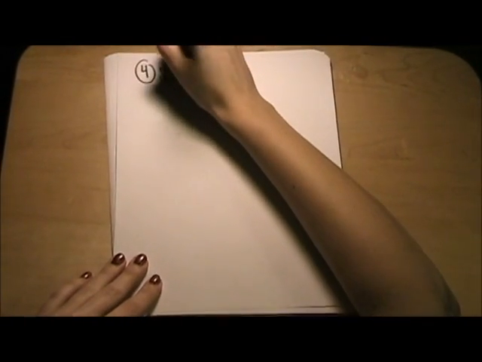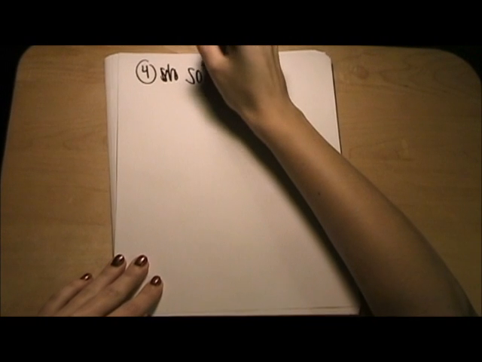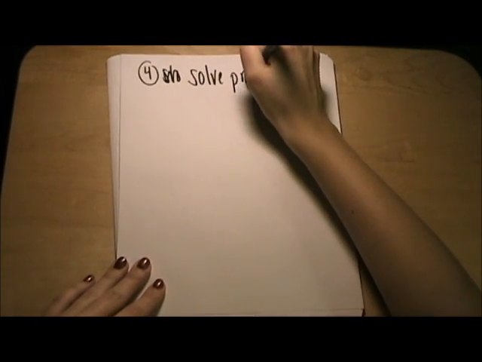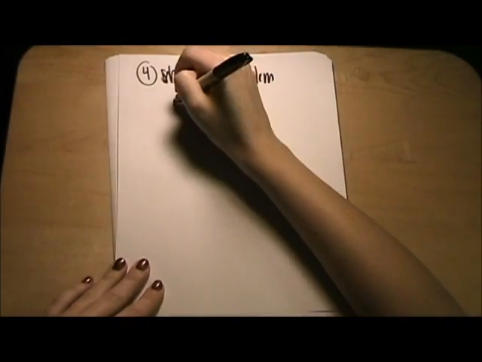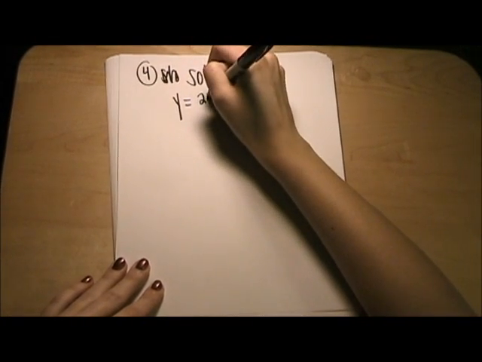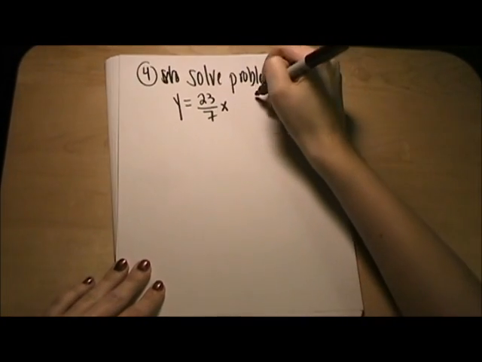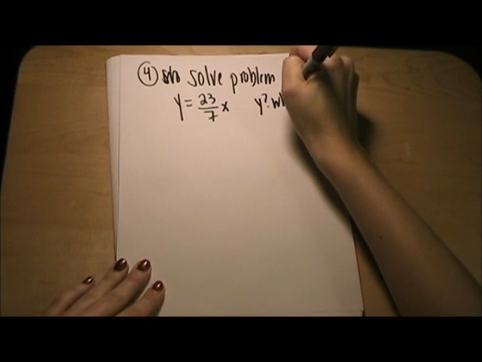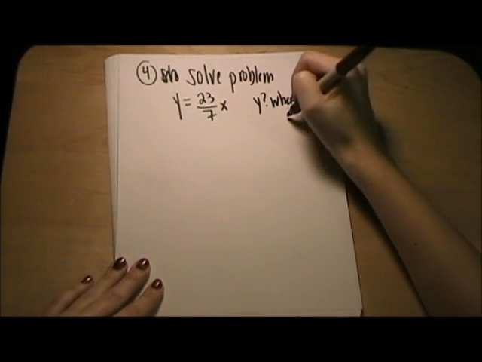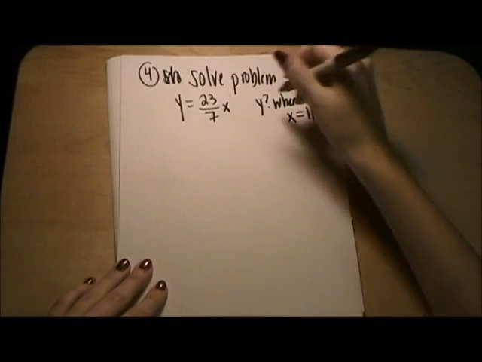After we get the general equation with k, our fourth step, solve problem. So y equals 23/7x. They want to know what y is when x equals 11, so we just plug it in.